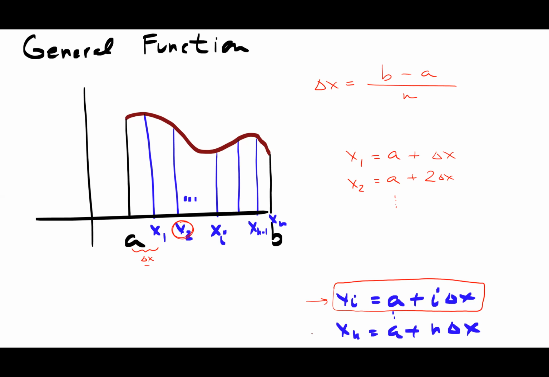And eventually I end up with x sub n, a plus n delta x. Does that say x of 8 or x of n? Are they both n? Those indexes are the same. Wait, are you looking at the one that's boxed? Yeah. The one that's boxed is i. The one below is n.